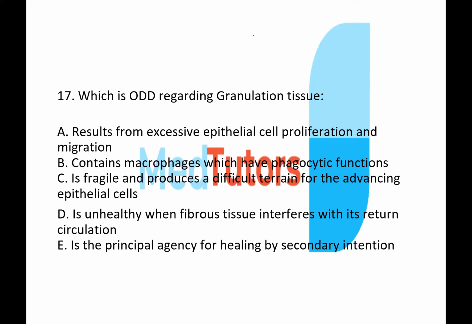They form the granulation tissue. So it's not epithelial proliferation. That is false. It contains macrophages, which have phagocytic function. Yes. It's fragile and produces a difficult terrain for advancing epithelial cells. It's unhealthy when fibrous tissue interferes with its return circulation. It's a principal agency for healing by secondary intention.